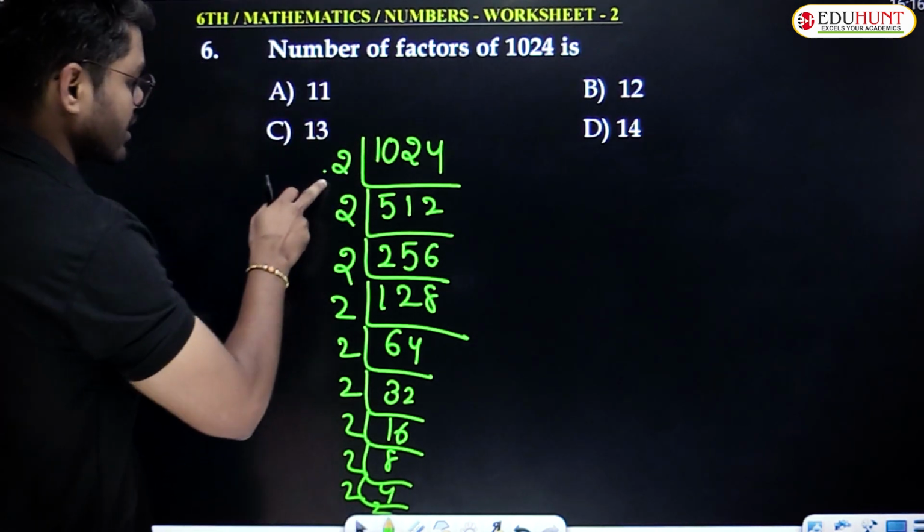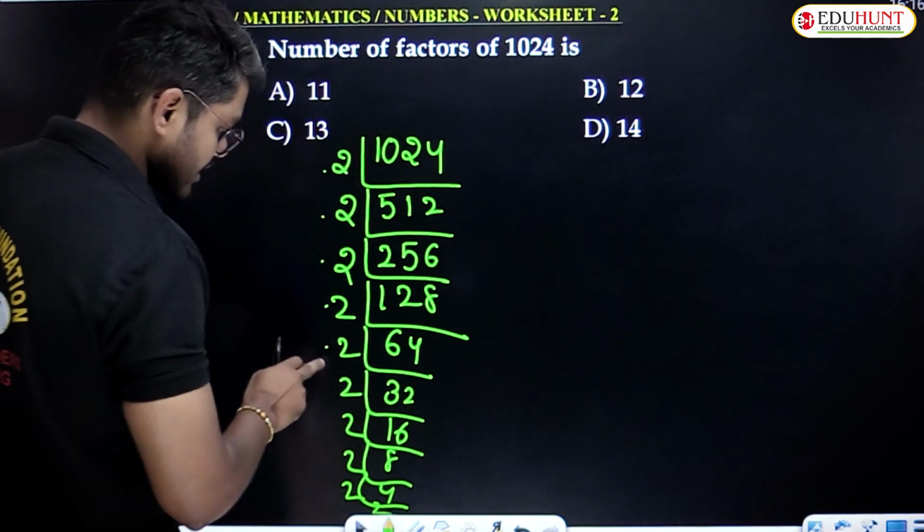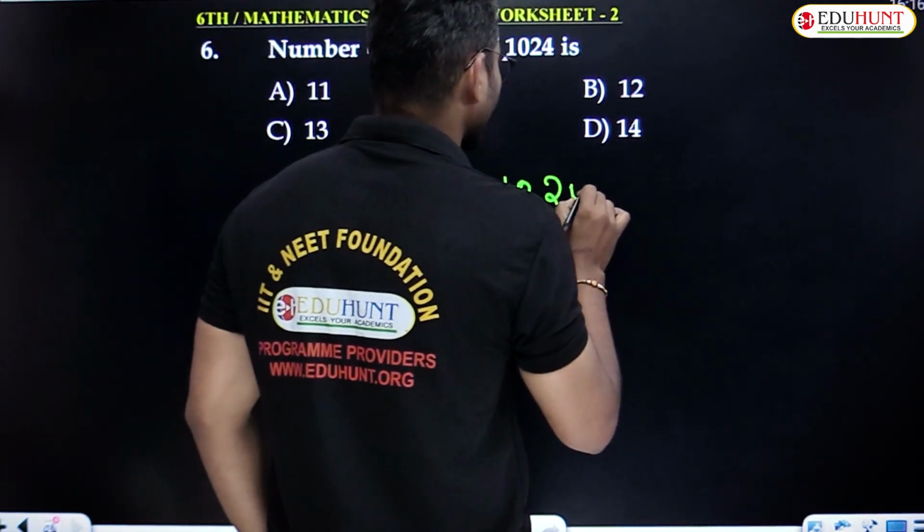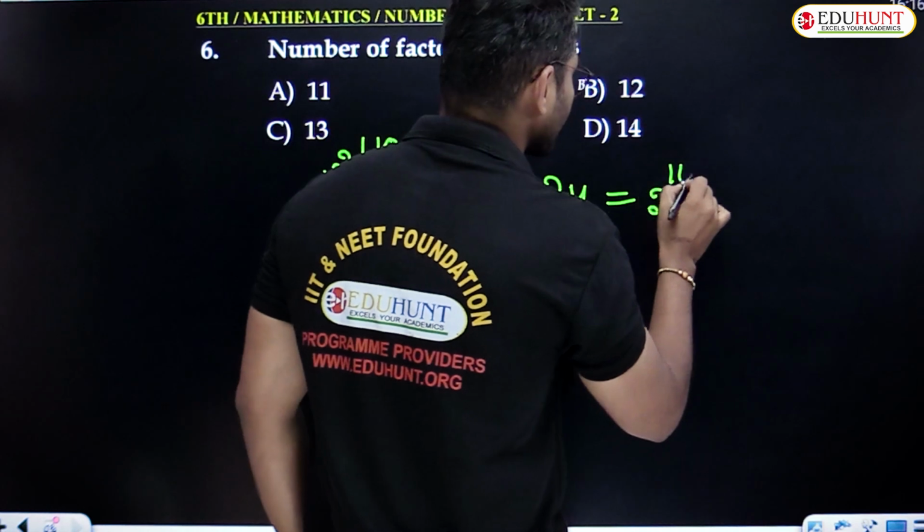How many 2s are there? 1, 2, 3, 4, 5, 6, 7, 8, 9, 10. So 1024 can be written as 2 power 10.